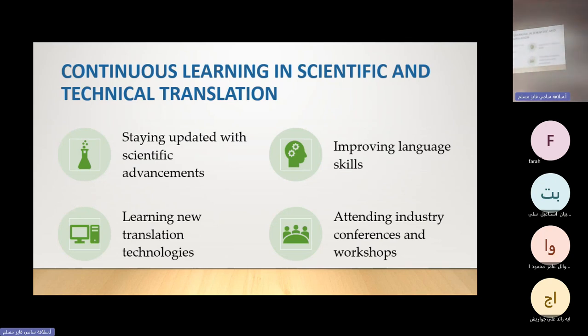I learn a new type of translation. I learn a new technique in translation. Okay? So, staying updated with scientific achievements, learning new translation technologies, improving language skills while attending industry conferences and workshops.